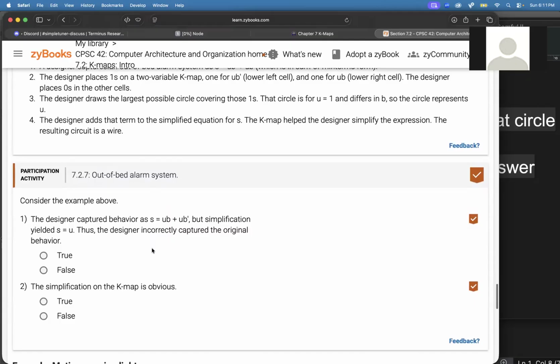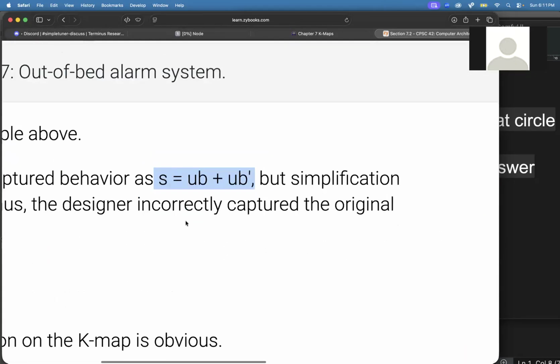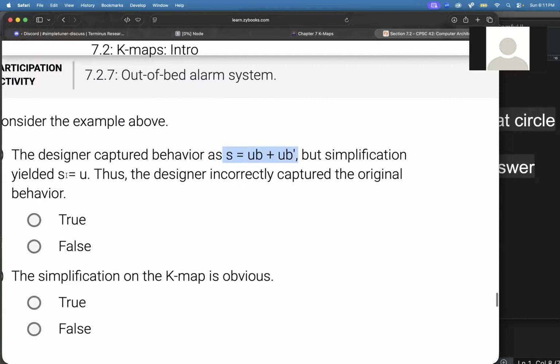Let's see. The designer had the original equation UB plus U not B, and it simplified to U. Does that mean they did it wrong? No, right? This is kind of a weird thing. They simplified it and this is what they got, and they're asking if that's a problem.